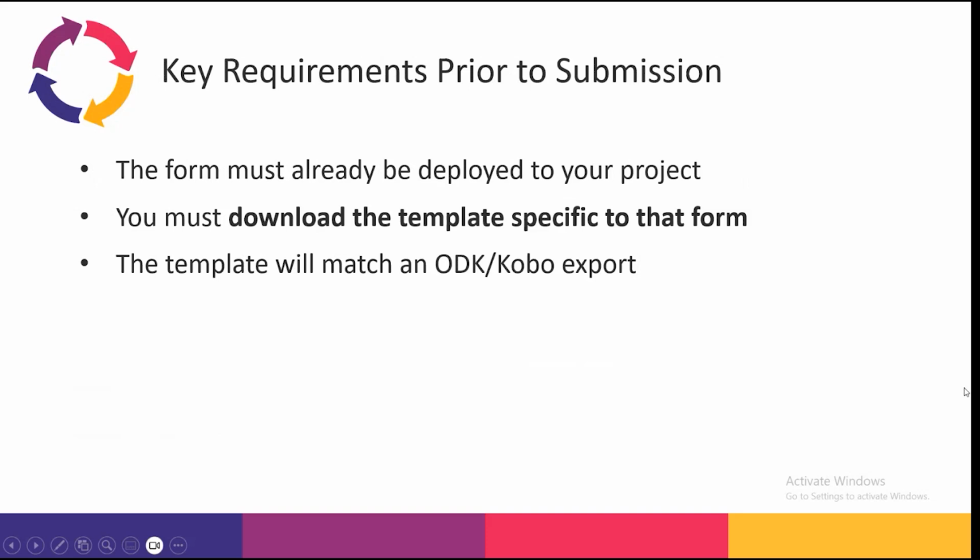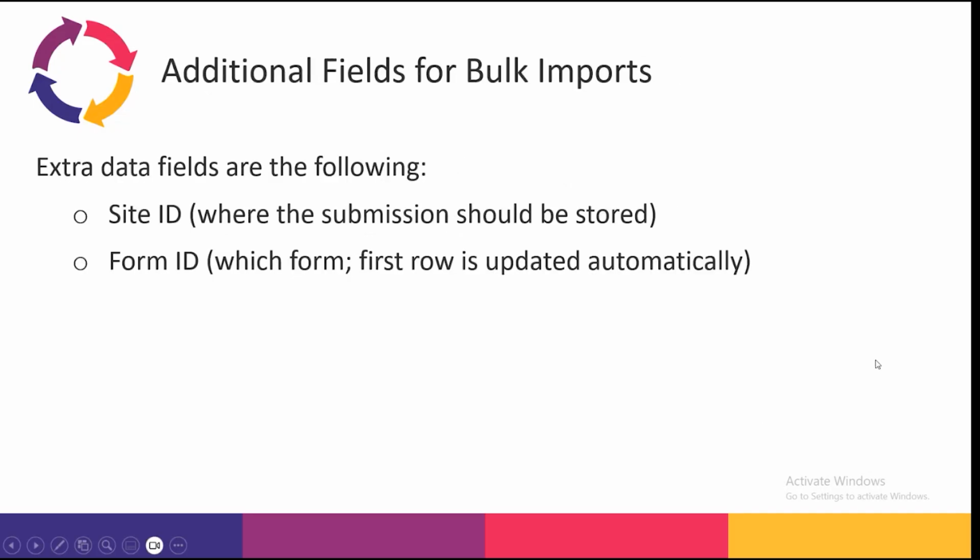Key requirements prior to submission. So the form must already be deployed to your project. You have to download the template specific to that form, and the template will match essentially a Kobo or ODK export. So essentially the template will be exactly what the Kobo data export would look like for that form.